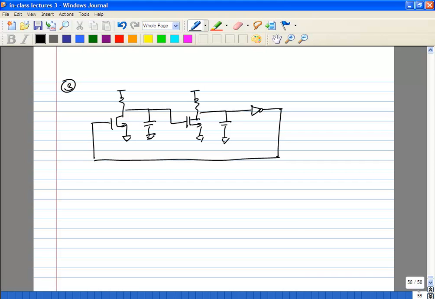Only at infinity you will get 360 degrees, because the inverter is ideal.